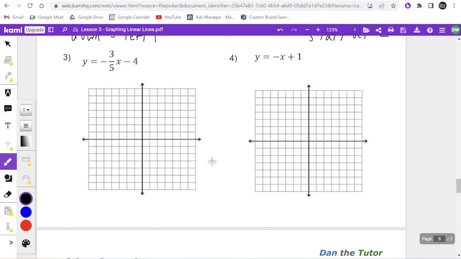Can I say the answer? Yep. Okay. Just tell me where you're starting at. Okay, I'm starting at, so I started at 0, comma -4, and then I went 3 down and then 5 left.